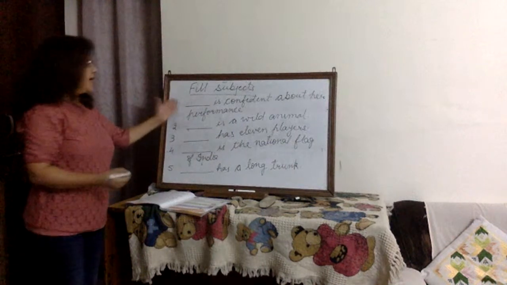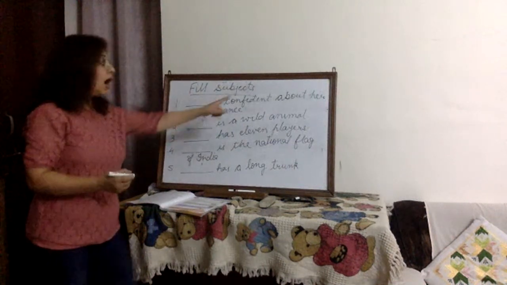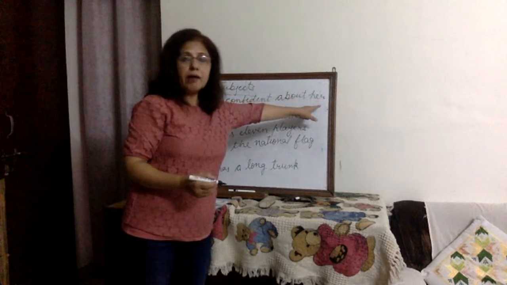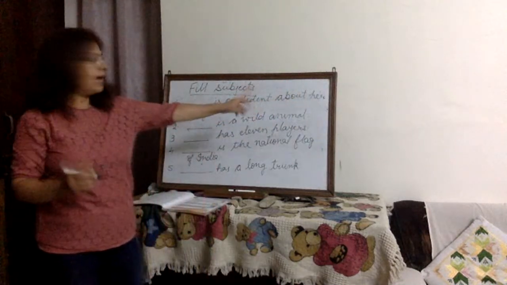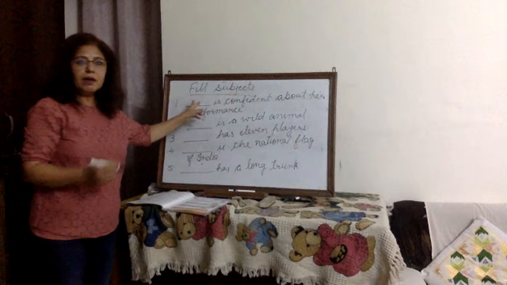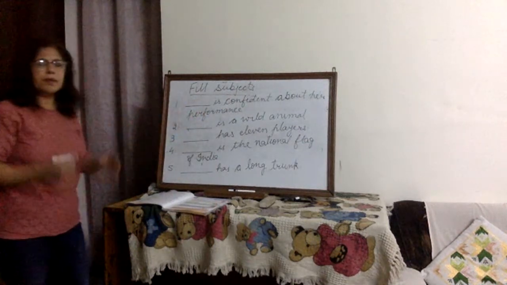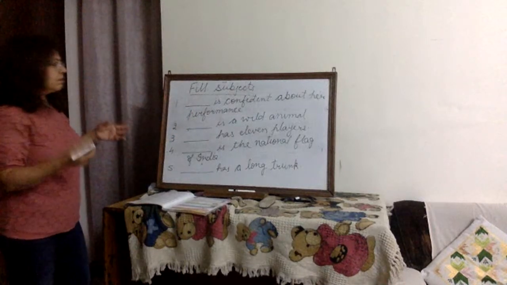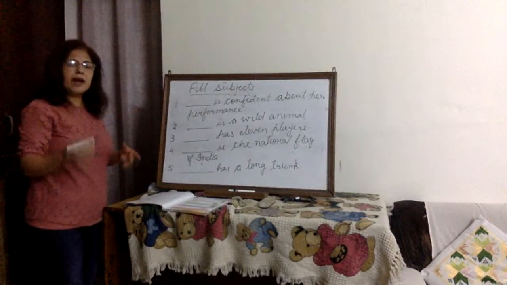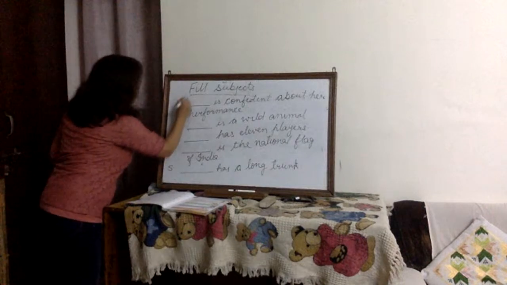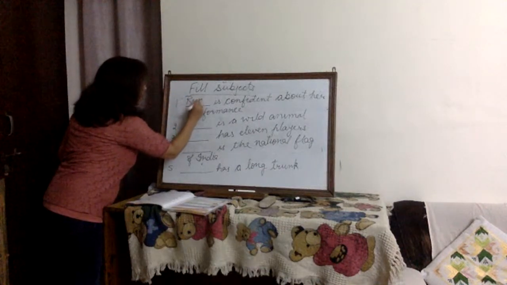Number 1, dash is confident about her performance. From her, you should know that this person is a female. Okay, so you can write anybody's name, Tina, Ria, my mom, my friend, anything. So I will write here Ria.